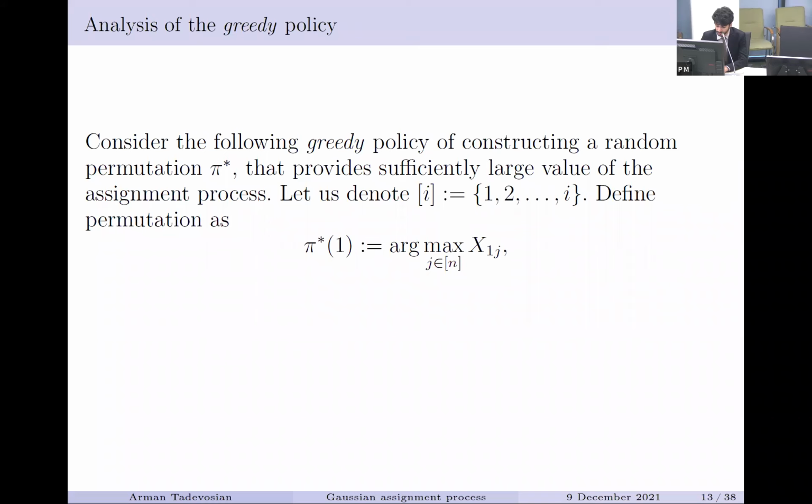First, we define pi star of 1 as the argmax over j of x_1j. Then by induction, for all i from 2 to n, we define pi star of i as the argmax of x_ij, but only over those j which weren't among the previous values of pi star.